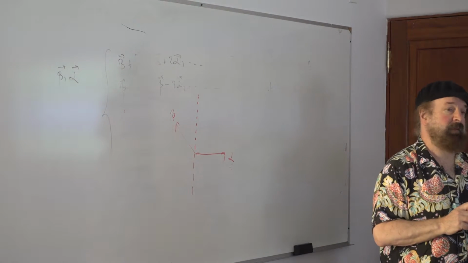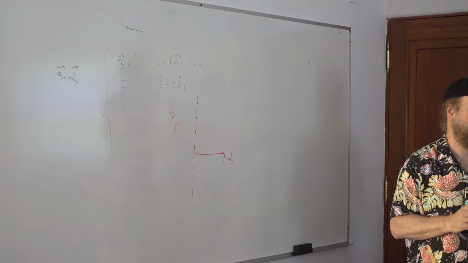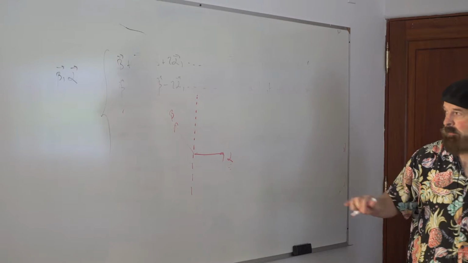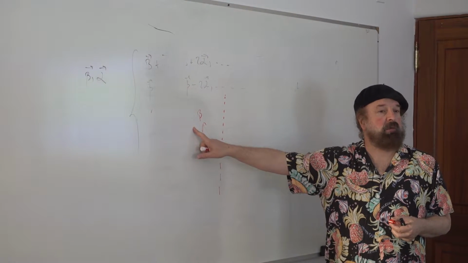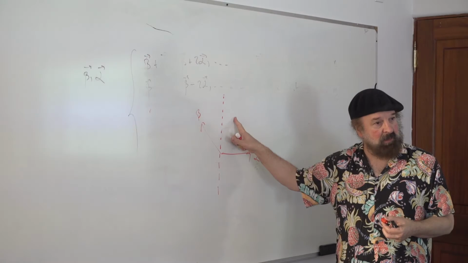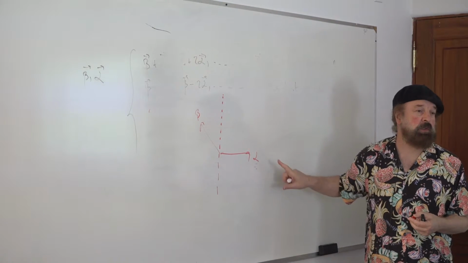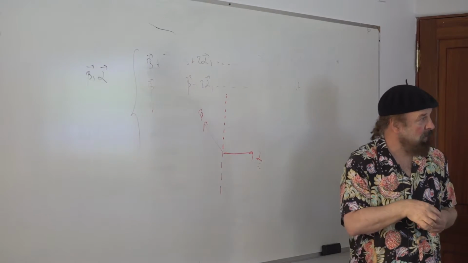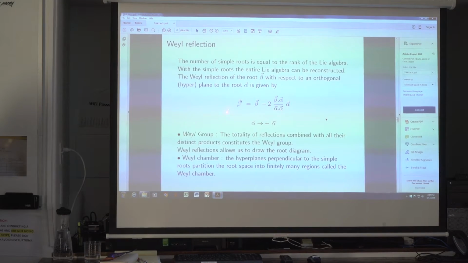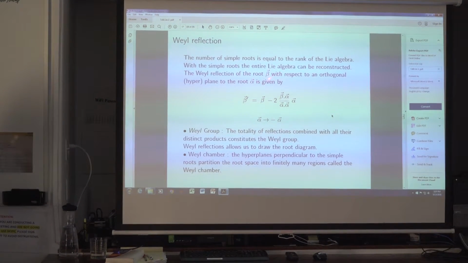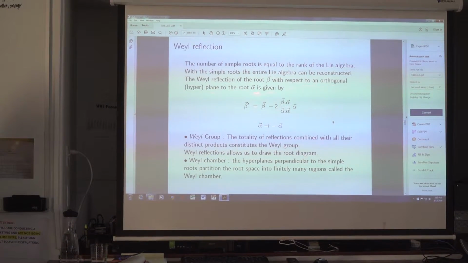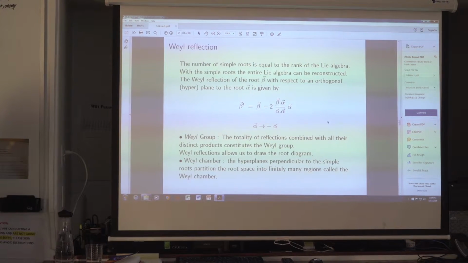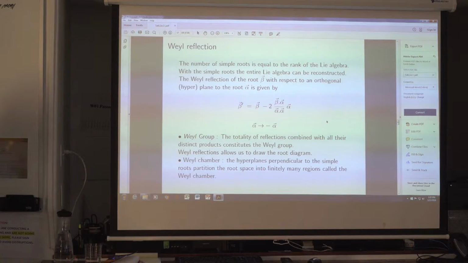Now I want to reflect root beta with respect to this hyperplane that is perpendicular to my alpha root. So this is what I mean by this operation. The reflection of the root beta with respect to a hyperplane orthogonal to the root alpha is given by this formula. So that's how the roots are defined.